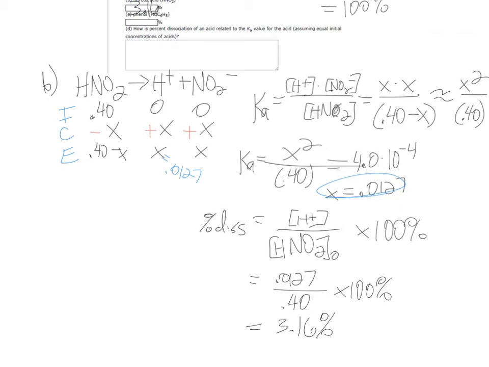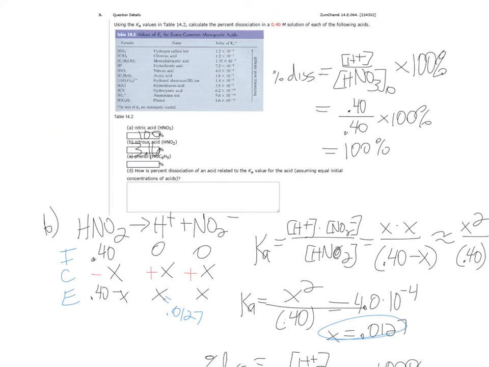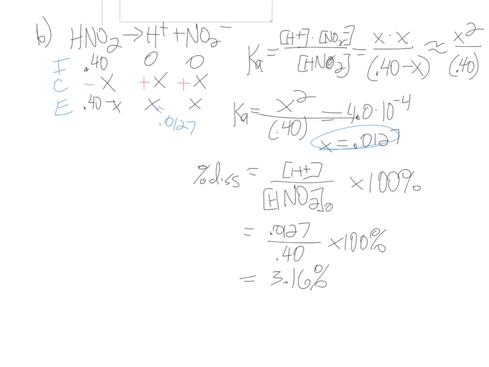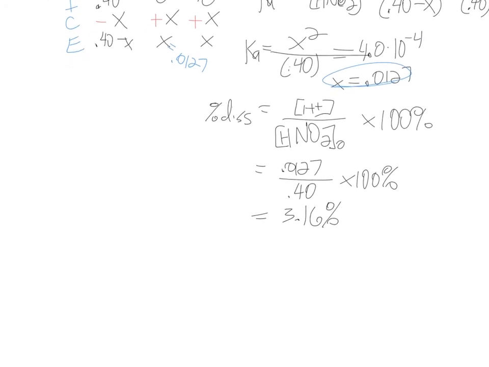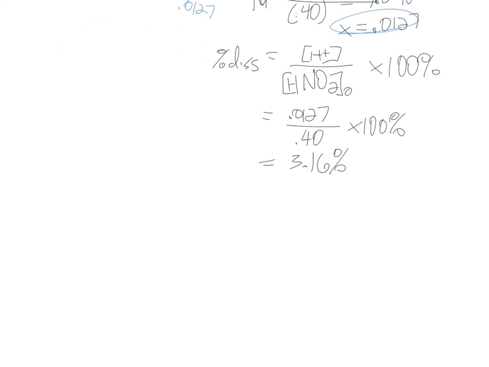In part C, we're dealing with another weak acid. This time it's called phenol. And if you look on table 14.2, it's the very last one listed with a Ka value of 1.6 times 10 to the negative 10th, a really, really small K value. We'll follow the same procedure that we did in part B. Start with a good dissociation equation.